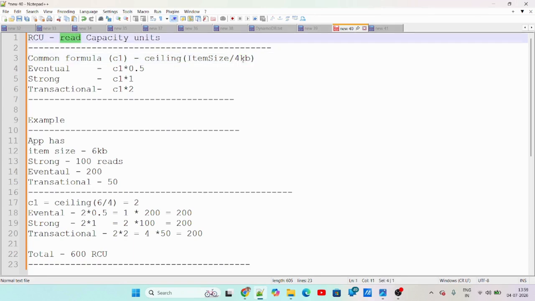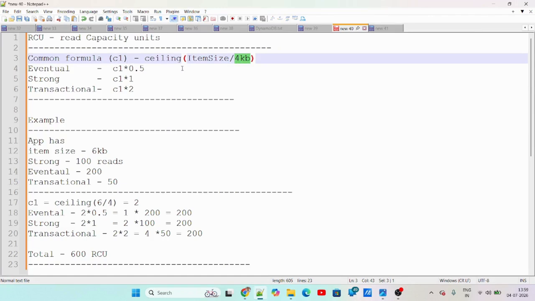In reads, you divide it by 4 KB, and you apply ceiling on top of that. When we say ceiling, say there is 3 by 2, it would come to 1.5. Then ceiling would be 2. So it takes the higher number.